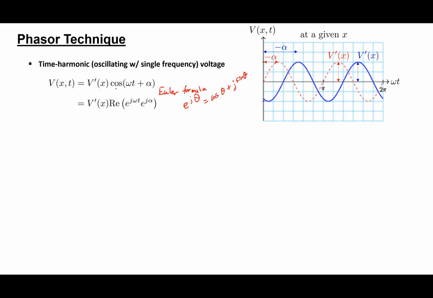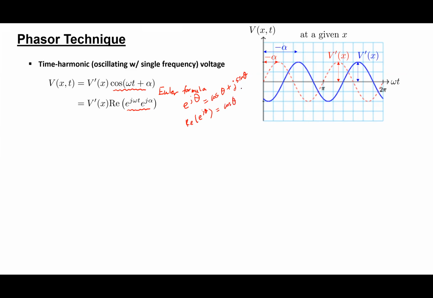So you can see that the cosine of omega t plus alpha can be represented as the real value of this exponential function. That's because the real value of the exponential with j theta is just the cosine.